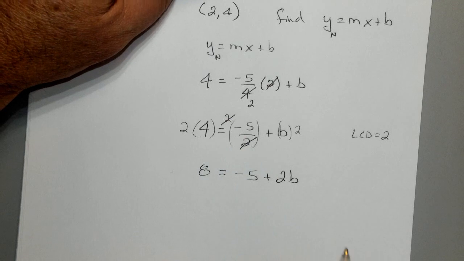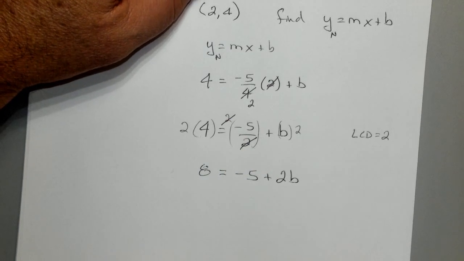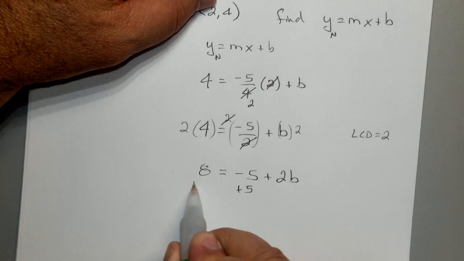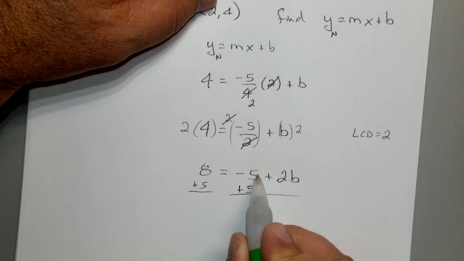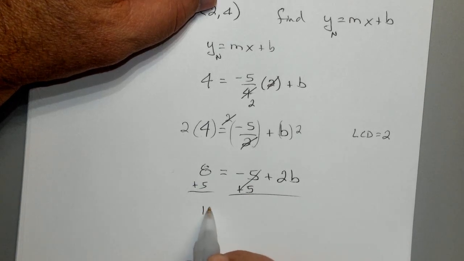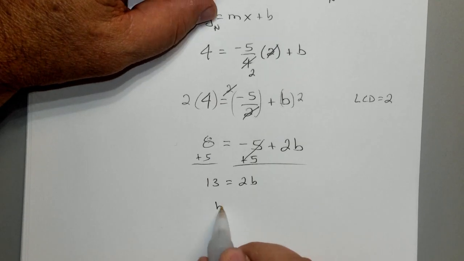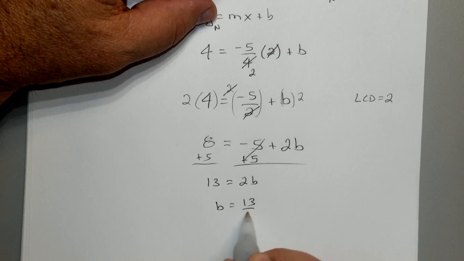I hate fractions, so I get rid of them and put them at the end. Add 5 to both sides. 13 equals 2b. b equals 13 over 2.